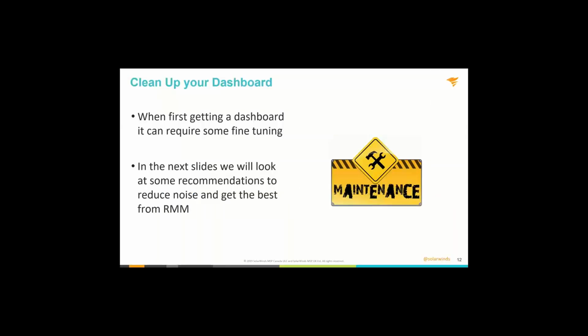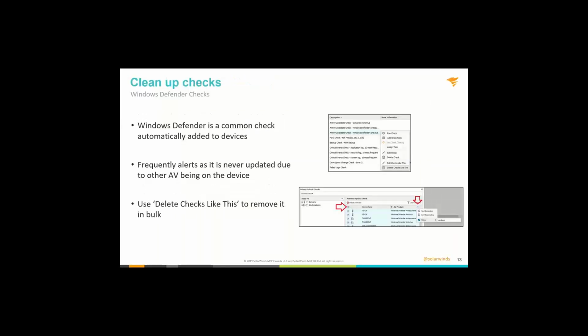So I'll take you through the first check that you can clear up, which is the Windows Defender check. If you have an antivirus sitting on a machine somewhere, the Windows Defender check is going to fail because it's already got that antivirus on that machine.